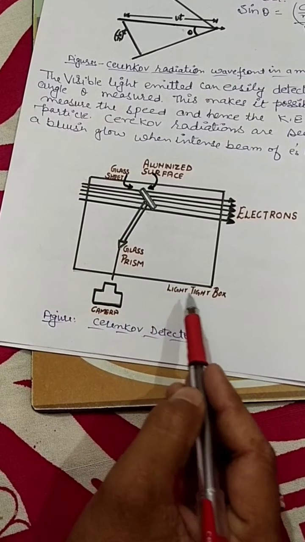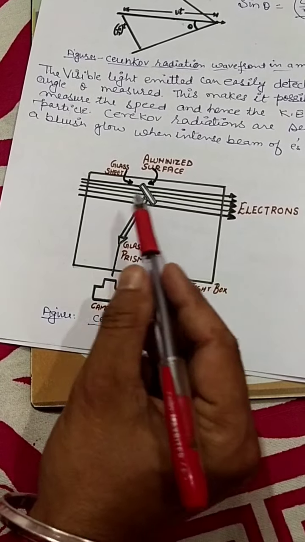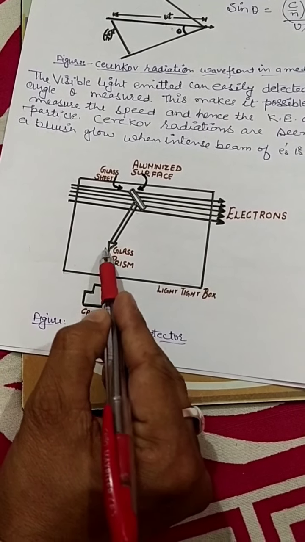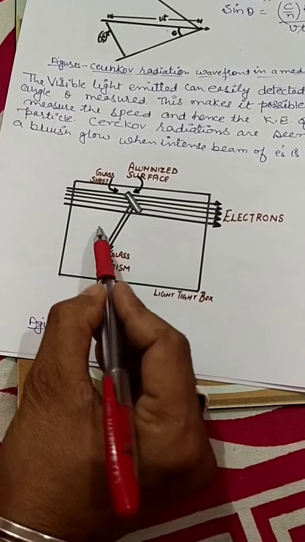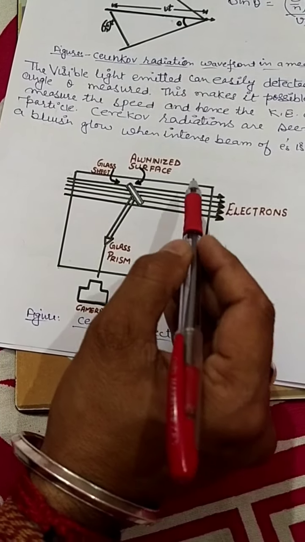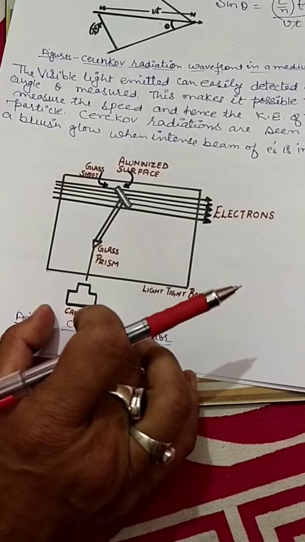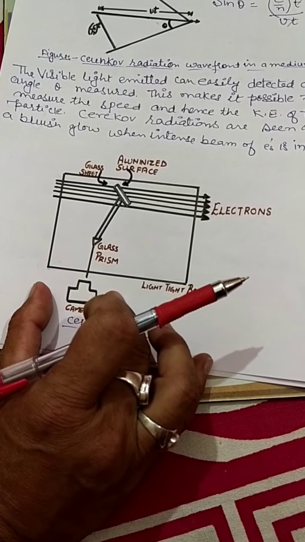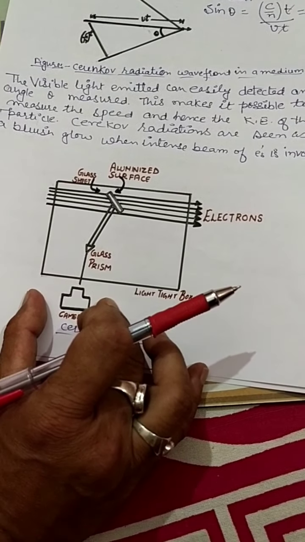This is a light tight box, a glass prism is here, a glass sheet is here and an aluminum sheet is this. These are electrons. When they fall on this, the camera will detect the bluish glow when an intense beam of electrons is involved.